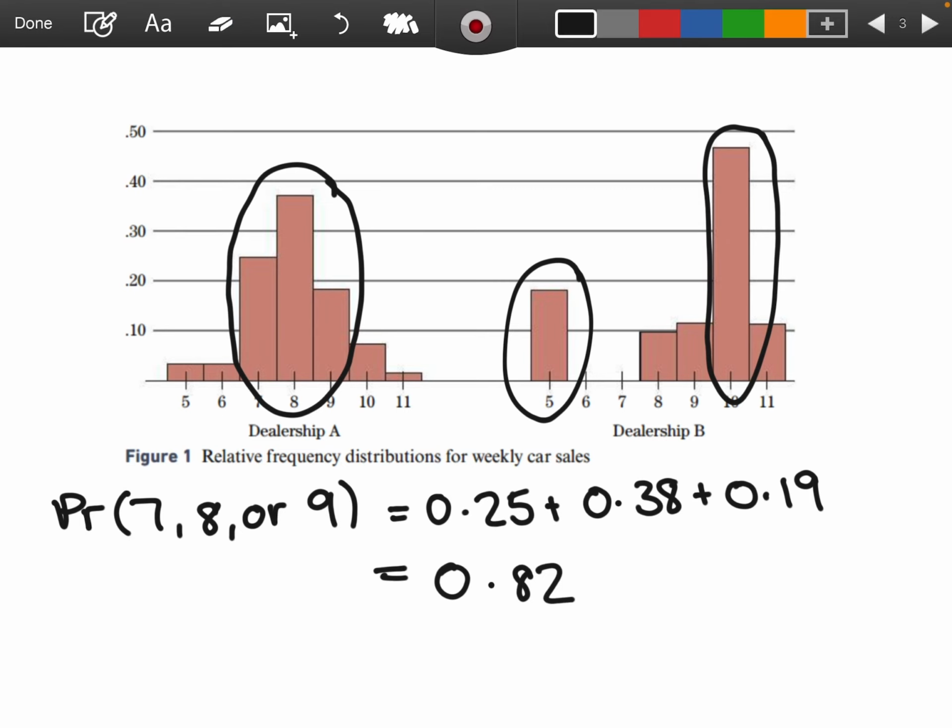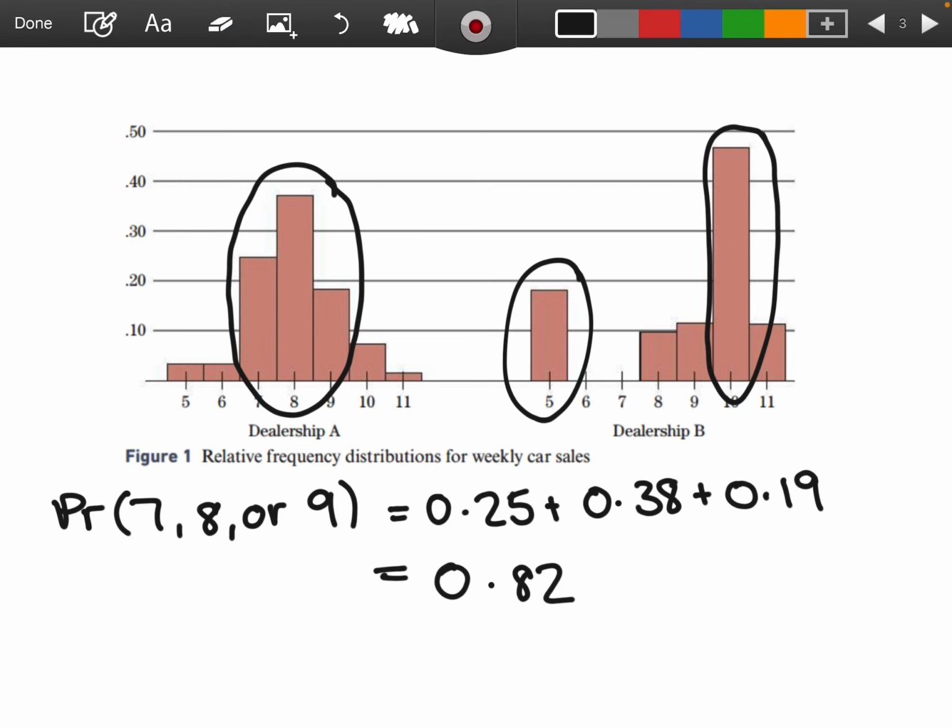You could do the same for dealership B. So what's the probability that they have 7, 8, or 9 weekly sales? Well, you add together each of these. Again, because each of those bars has width 1, we don't have to worry about multiplying the width by the relative frequency. But if the bar had a larger or smaller width, then we would have to worry about multiplying the width by the height. But in this case, we just add them together.